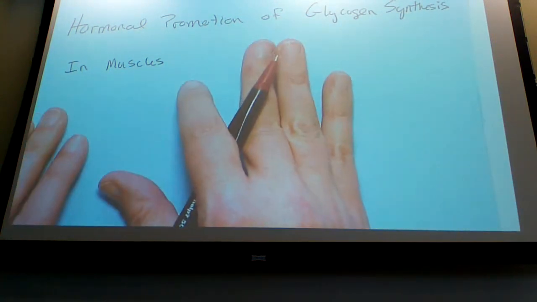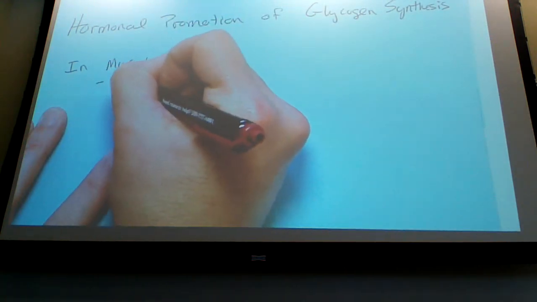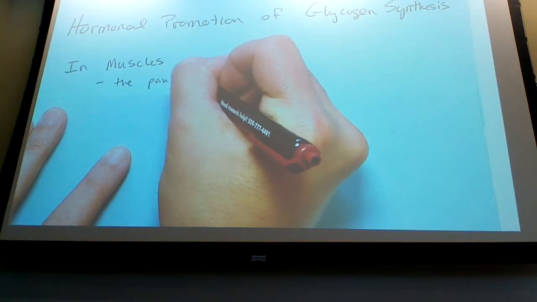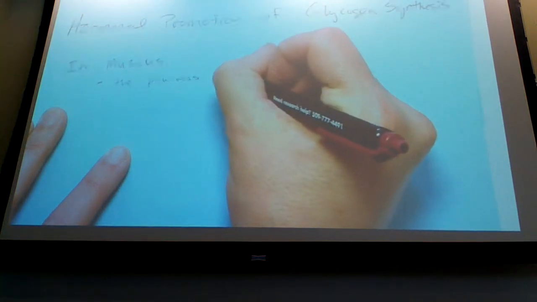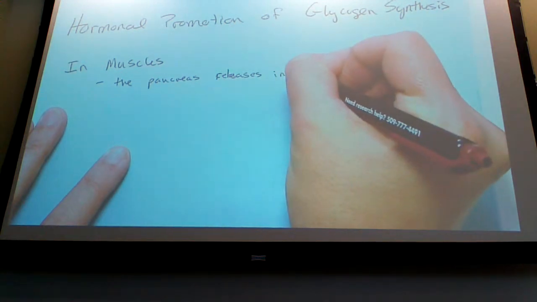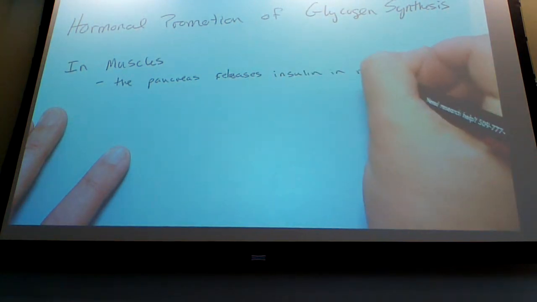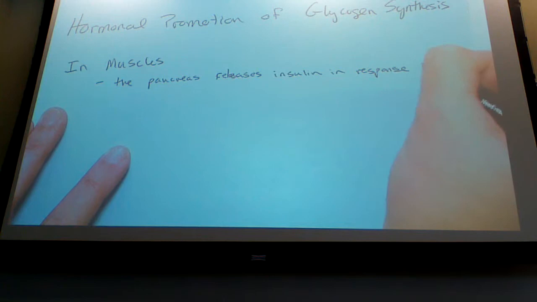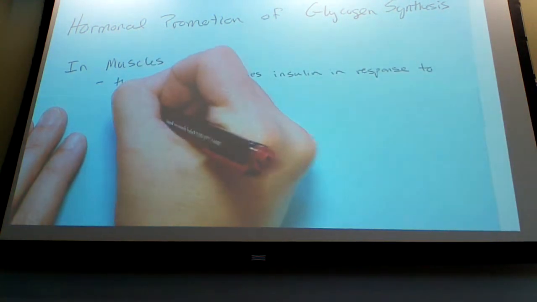So, the pancreas releases insulin in response to high blood sugar.